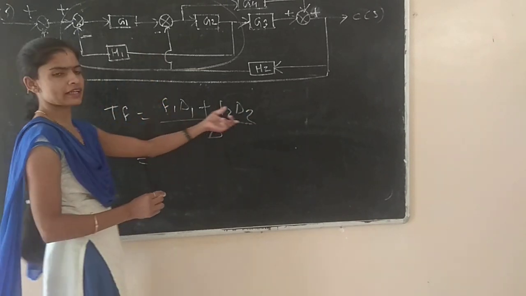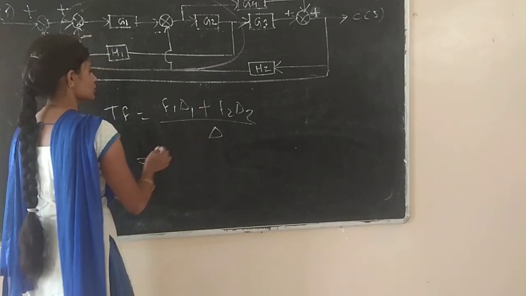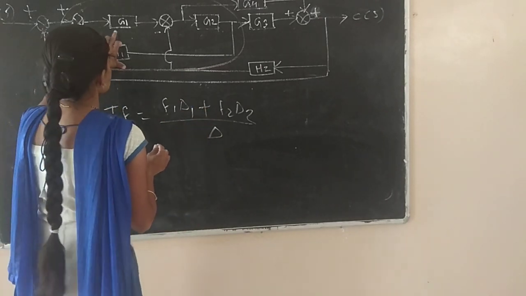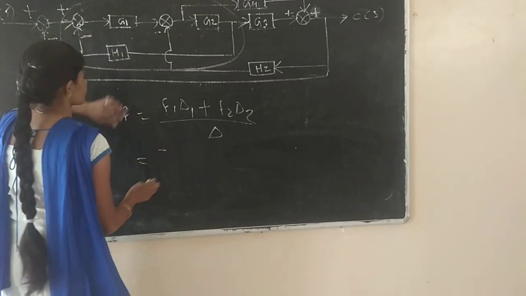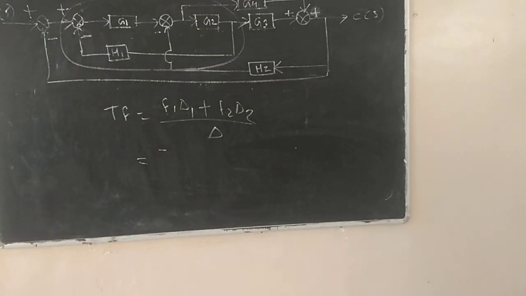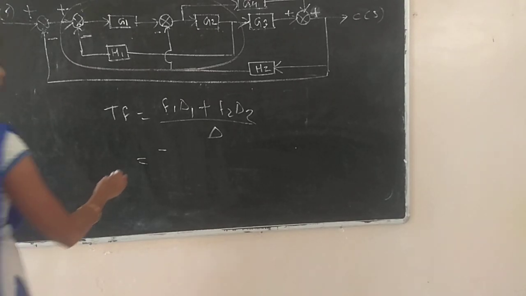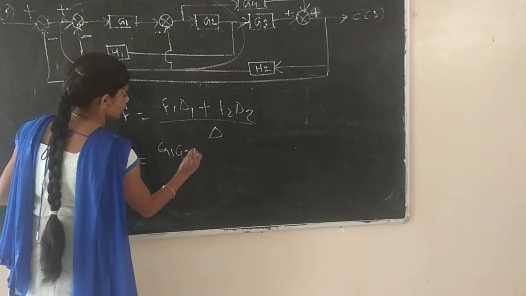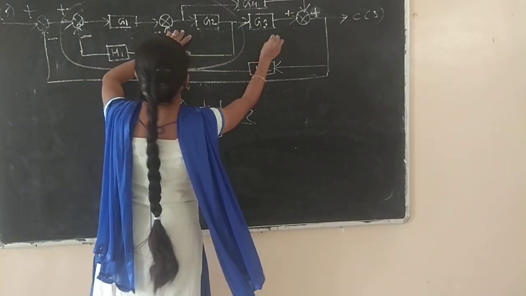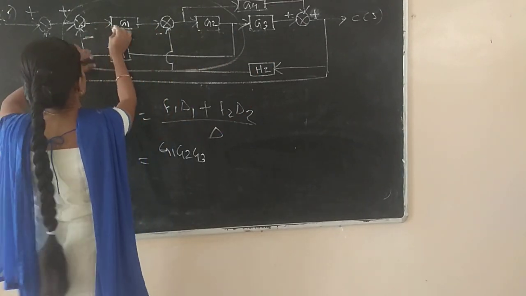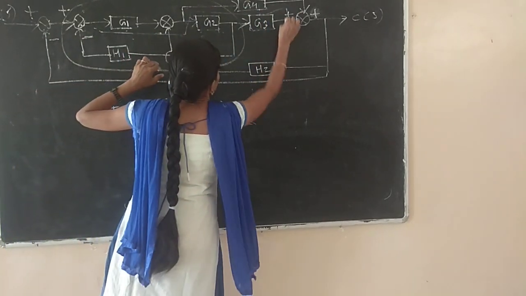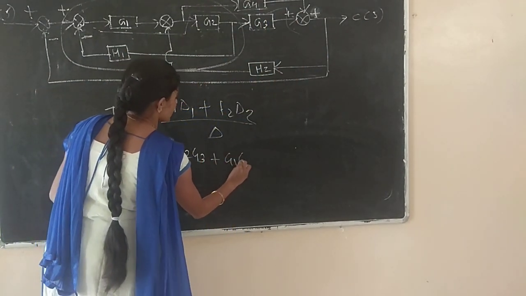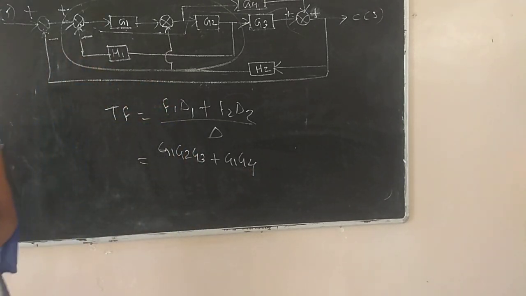Here the value of del 1 and del 2 is 1, and first forward path is G1, G2, G3. This is the first forward path and second forward path is G1, G4. This is nothing but the second forward path.